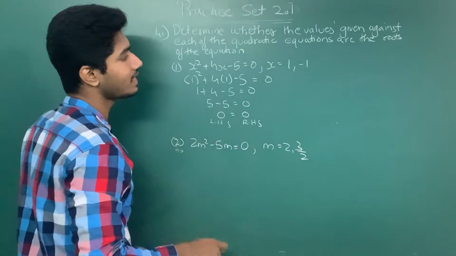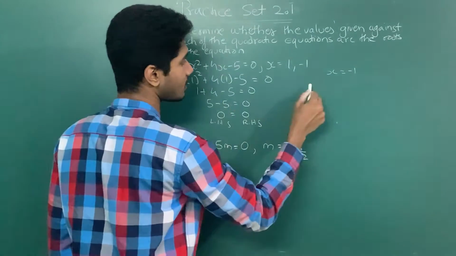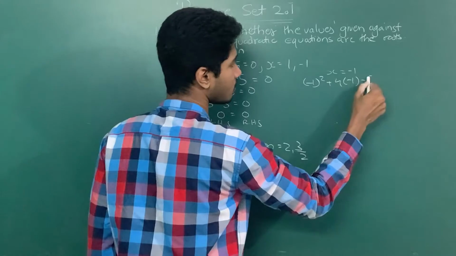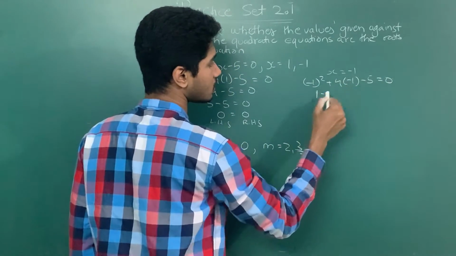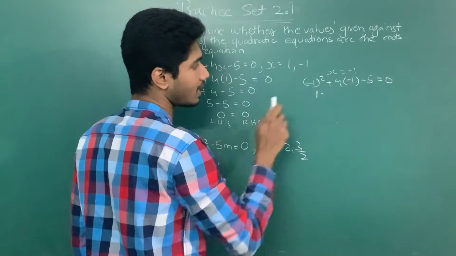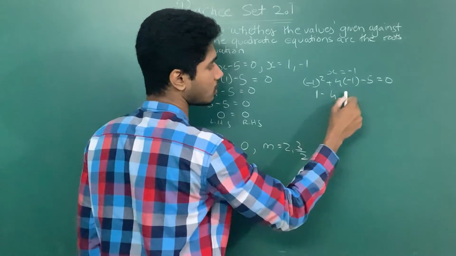Now, let's substitute minus 1. So at x is equal to minus 1, when we substitute minus 1, we get 4 minus 1 minus 5 equal to 0. So this will be 1. This will be minus 4. That is 4 into 1, 4, and minus and plus will change to minus, you get 4, minus 4.